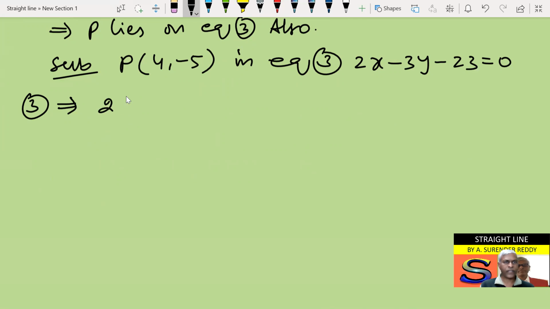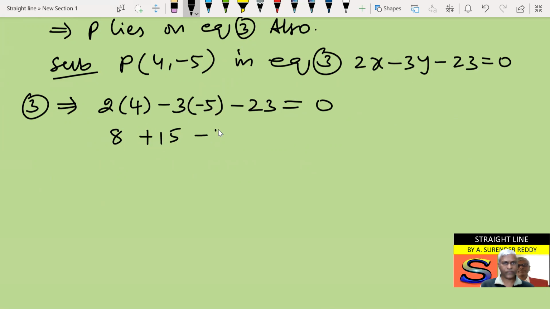So 2 into x value 4, minus 3 into y minus 5, minus 23. 2 into 4 is 8, minus 5 into 3 is minus 15, so 8 plus 15 is 23, minus 23.